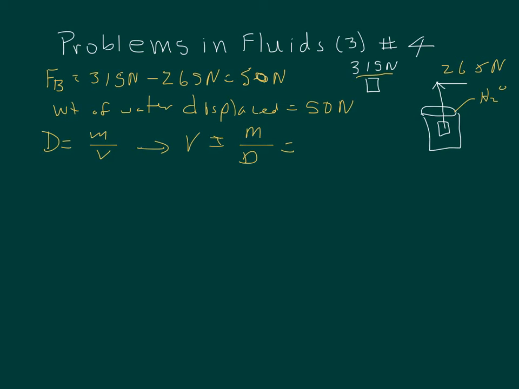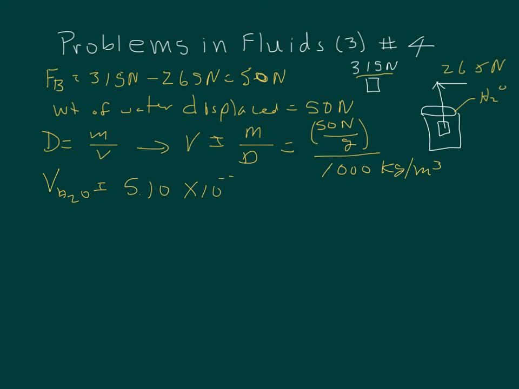The mass would be 50 newtons divided by g, over the density, which is 1,000 kilograms per cubic meter. This yields, for the volume of the water, 5.10 times 10 to the minus 3 cubic meters.